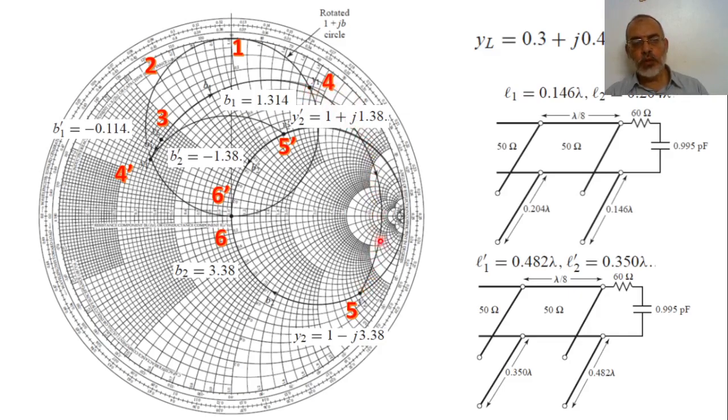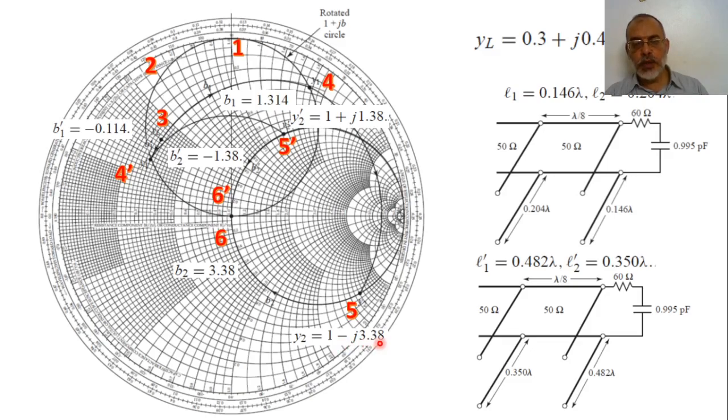To determine y2, we are going to draw a line from the origin to y1, and we make this a radius for a circle, and we are going to draw this arc of circle until we intersect with the circle 1 plus jB. This intersection point is the point y2, or the input admittance just before the second step. y2 in this case has a real value equal to 1 and imaginary value minus j 3.38.